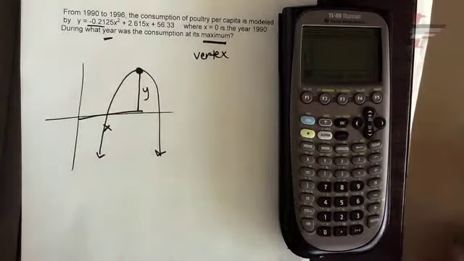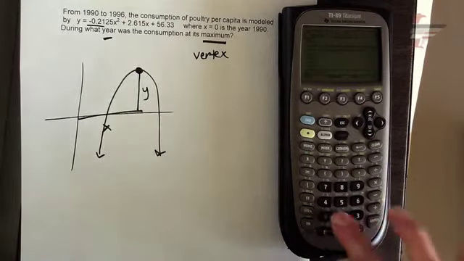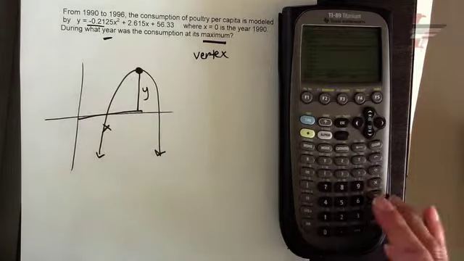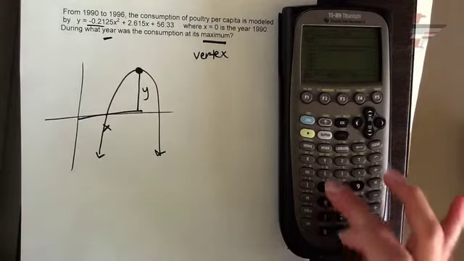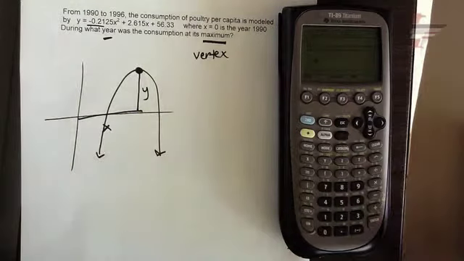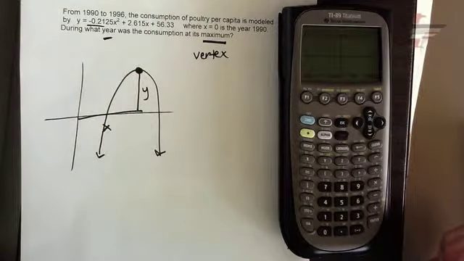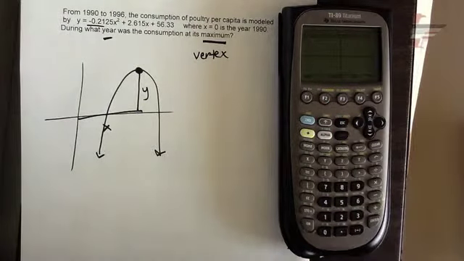So if I go to my y equals, so diamond F1, clear out old stuff, type in this equation, and start out with a standard window. So again, I'm going to go to zoom and just try a standard window and see what I see.